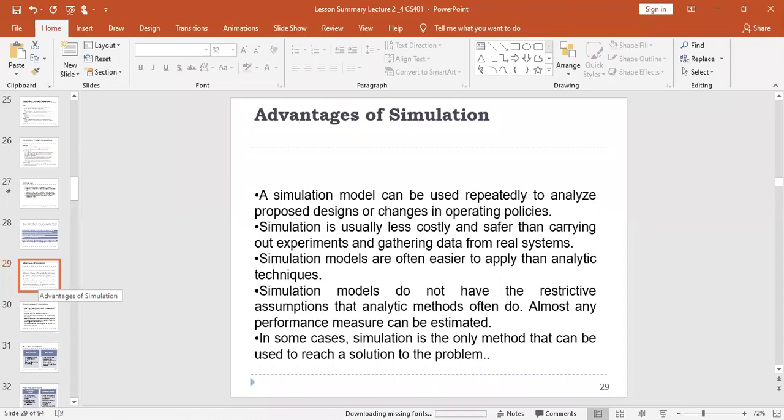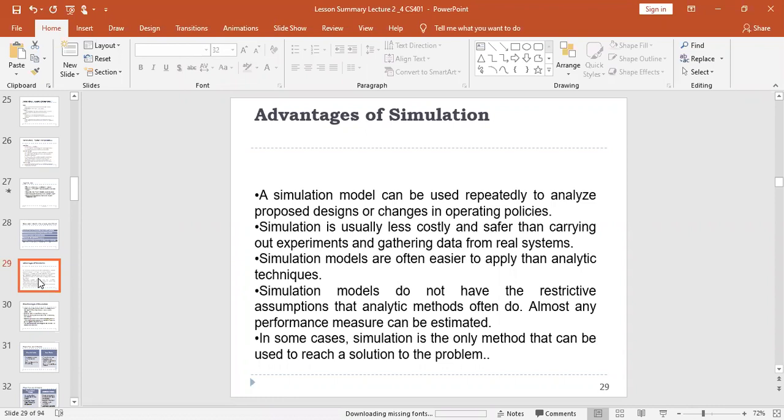Now, we have advantages and disadvantages of simulation. A simulation model can be used repeatedly to study the behavior of proposed designs and changes in operation policies without any additional cost. We can always study the behavior by changing so many things in the system. Simulation is usually less costly and safer than carrying out experiments and gathering data from real systems.